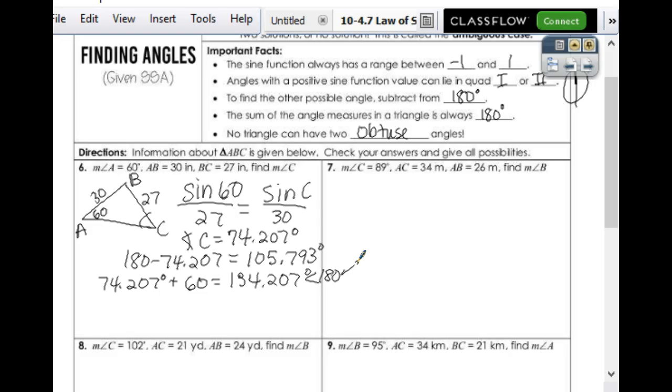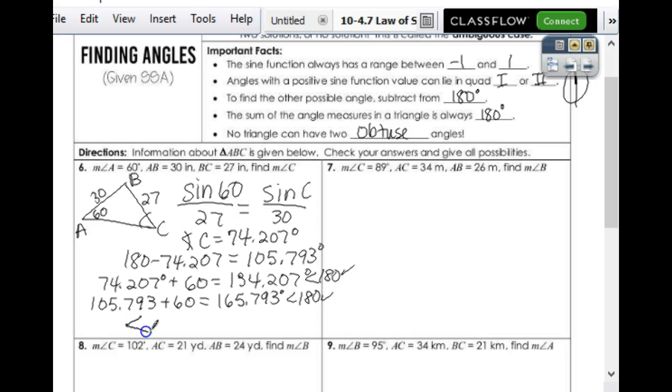Then I need to test the other angle I just got, the 105. I'm going to add 60. Is that less than 180? So I'm going to get two triangles. I can use both angles.